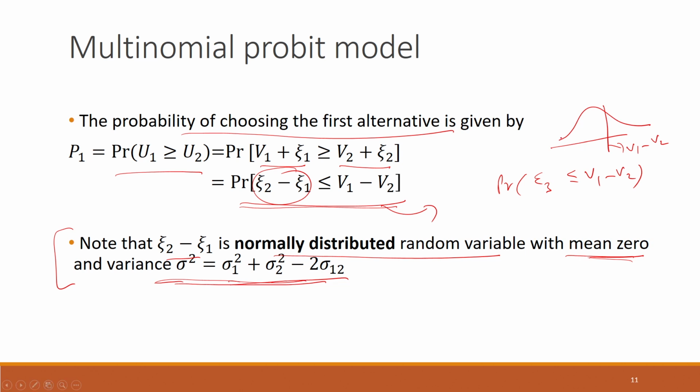If this is the normal distribution function of E3, we have to determine the probability that this variable is less than or equal to V1 minus V2. That means we have to find the value of this integral here, and that is what is provided from the standard charts available for normal distributions, okay.